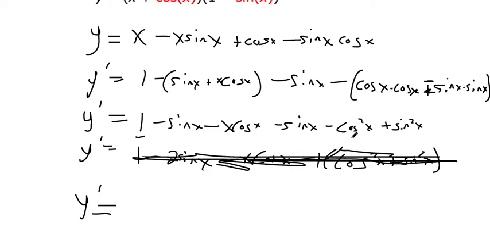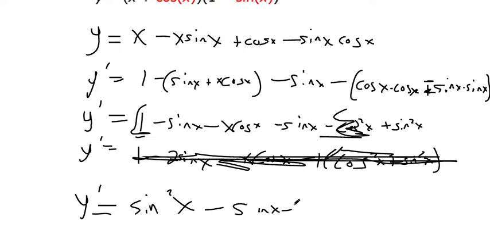We do the same thing we did in the other approach. 1 minus cosine squared makes sine squared. So those can combine like we saw in the other approach. Oh, and while I'm at it, look, minus sine x, we already said that those can combine to make minus 2 sine x.